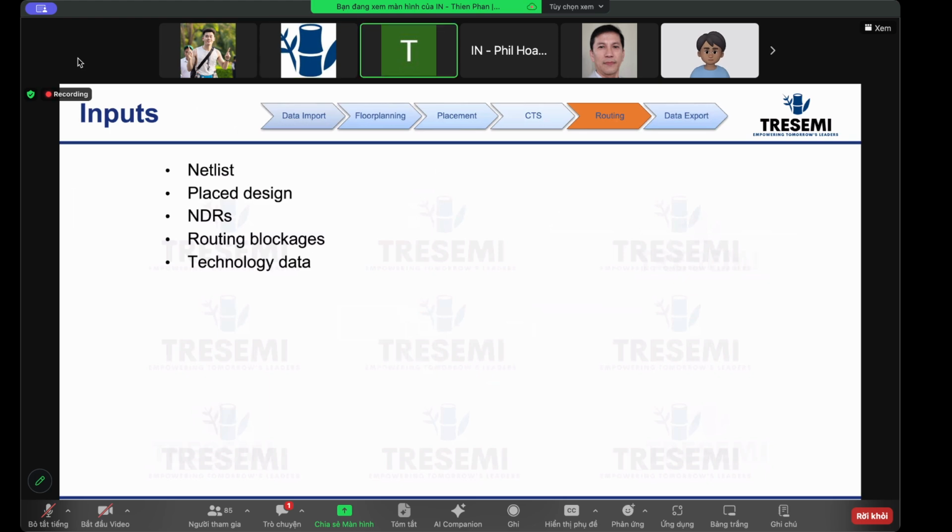Okay. So we're going to talk about what's coming in. For the flow that we're doing, when we're done with CTS, everything is contained in the database.